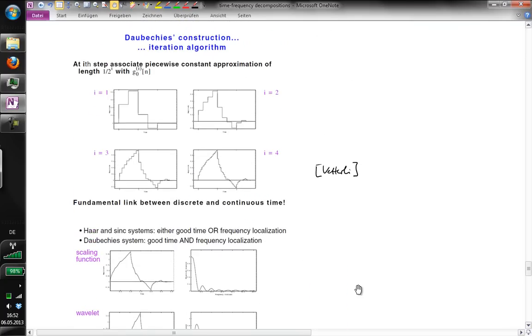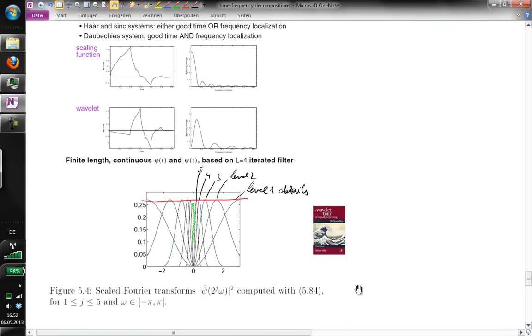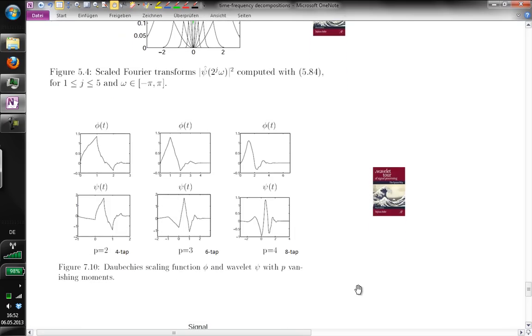I don't have a plot anywhere. So let's see. The 2-tap Daubechies wavelet, which is not shown here. I will share these figures with you, okay? Because I know you cannot copy them down by hand.